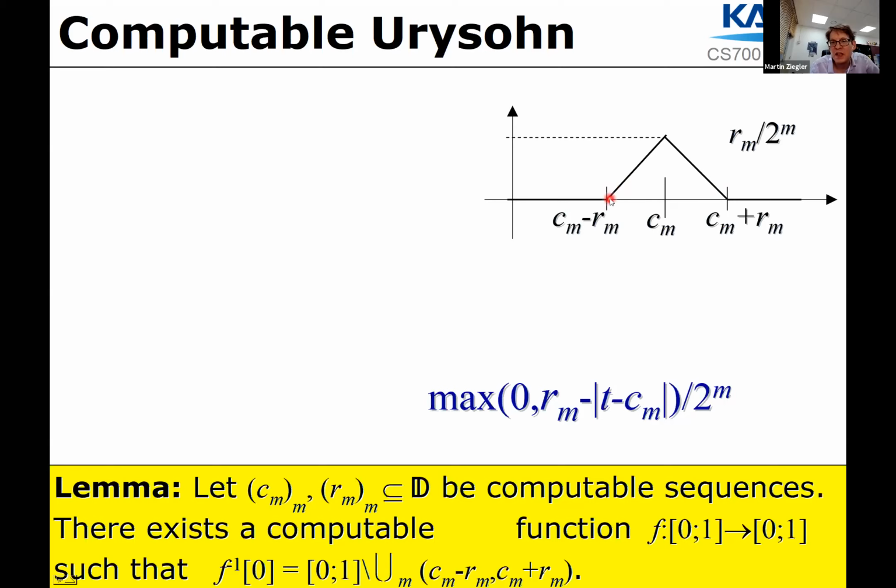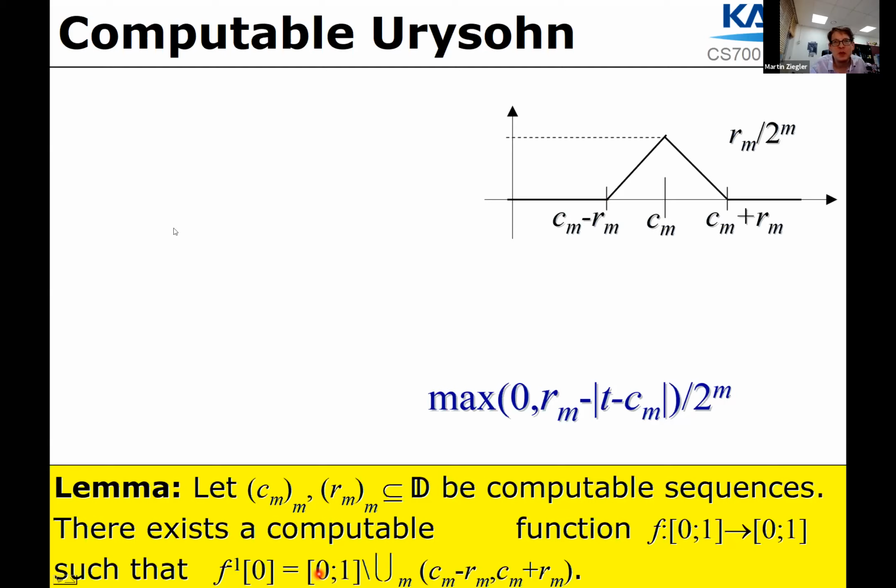So you see this hat function is non-zero precisely outside of this. And if we take another such interval, and we take the union of all these intervals, then the resulting function will be strictly positive on the union of these intervals, and it will be 0 precisely outside of the union. That's the statement. But the important thing is that this function will be a computable function. Okay, so we start with such a computable sequence of intervals, if you like, and arrive at a computable function.